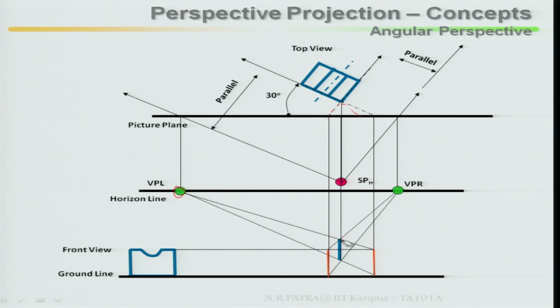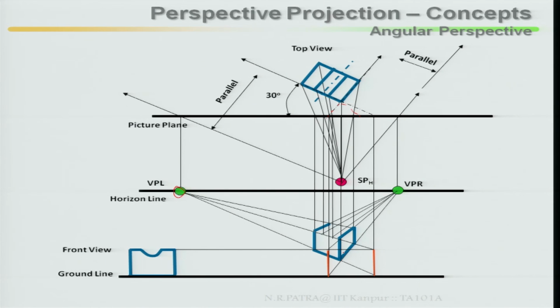Then once it is over, from the station point mark your left face, and from the station point mark your right face. I have marked the left face, draw this, the right face has been marked, draw it. Then the circle has been plotted.